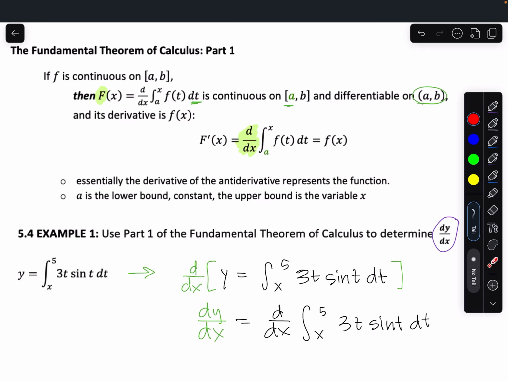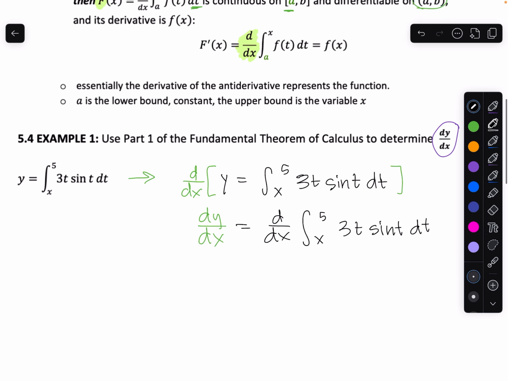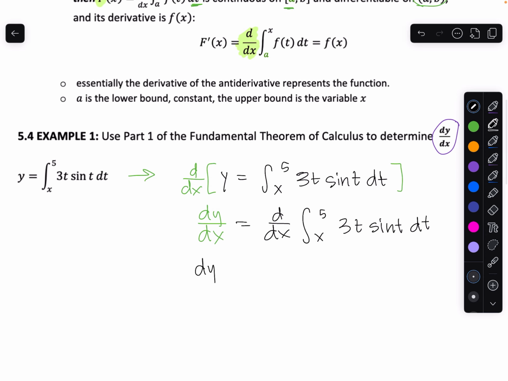So the order of those bounds is very important. My lower bound is constant. My upper bound is variable. What happens if I switch the two bounds here? Well, remember, when we switch bounds, we negate the integral. So I have dy dx equals negative, as a constant multiple, -1, d dx, and that's the integral from 5 to x of 3t sine of t dt.